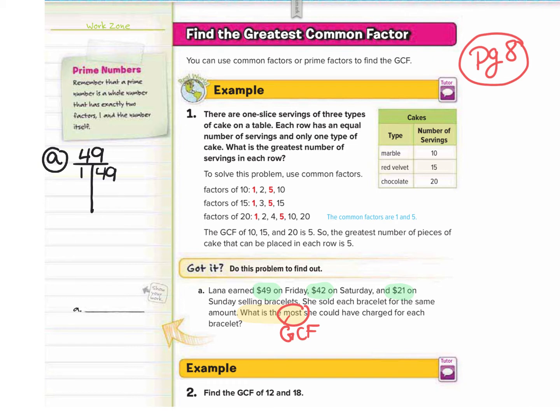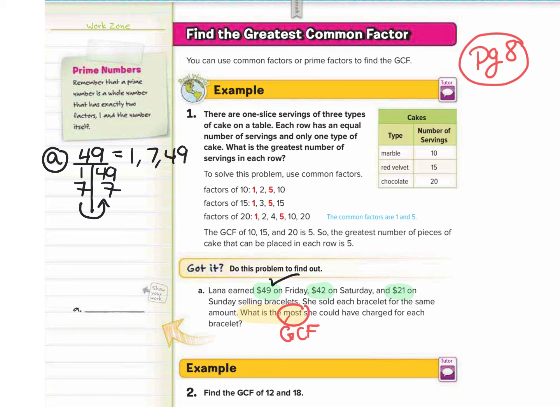The next number that it can be divided by is 7. 7 times 7. So once you get the last two numbers, you check to see if there's any other numbers between 7 and 7 that go into 49, and there isn't. So we found all the factors of 49. It's just 1, 7, and 49.